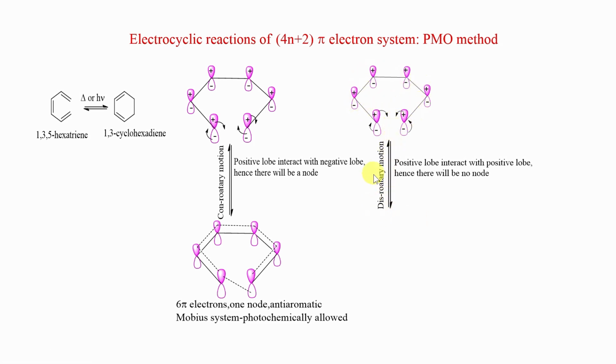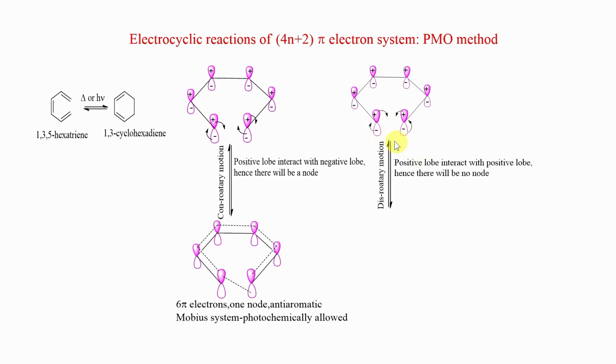If disrotatory motion takes place, then the p orbital of the terminal carbon atom, you can see the positive lobe of this terminal carbon atom rotates in this direction, while the positive lobe of the p orbital of this carbon atom rotates in the opposite direction, or anti-clockwise to each other.